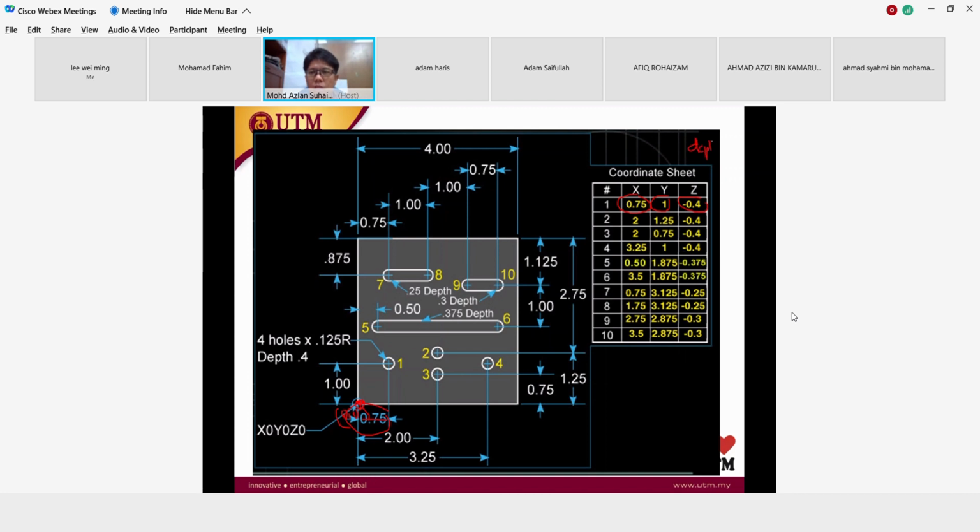This will be instructed in the question. Here you can see all the holes with 0.4 depth. Why negative? Because the top surface is 0. So negative shows it goes down, the tool goes down.